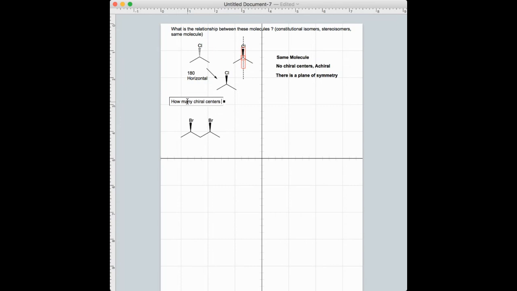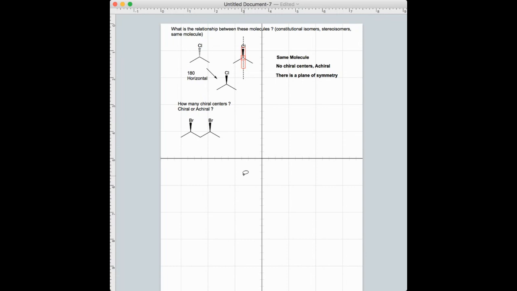And I also want to answer the question, is the molecule chiral or achiral? So chiral centers definition is a carbon bonded to 4 different groups.